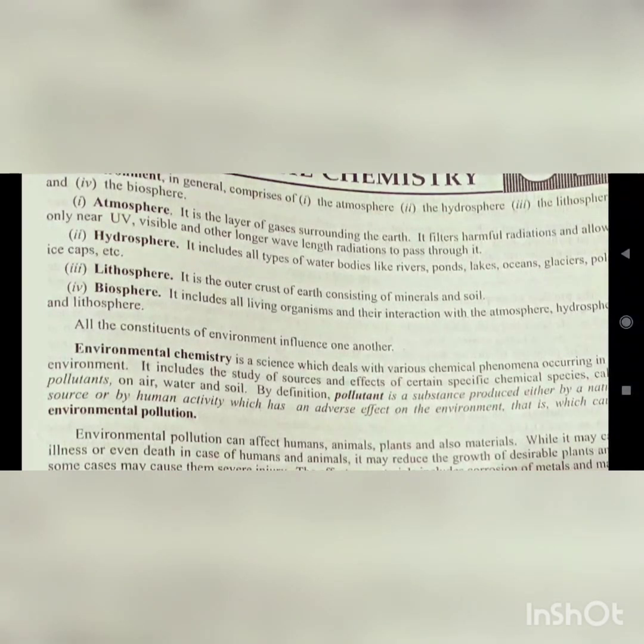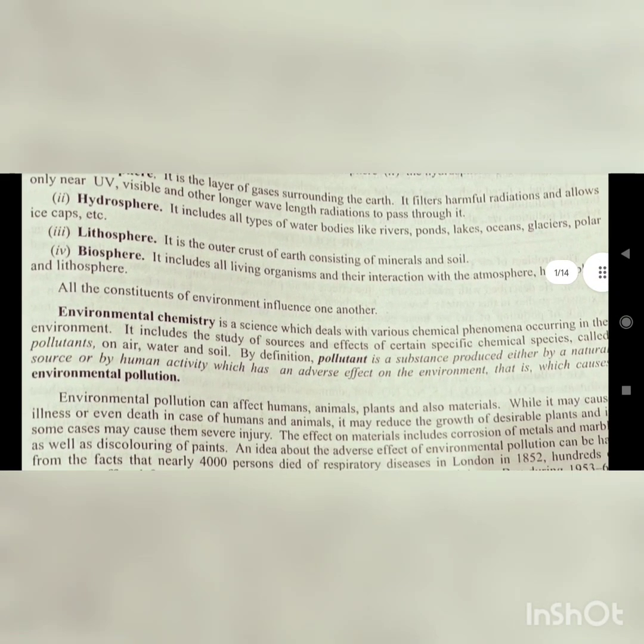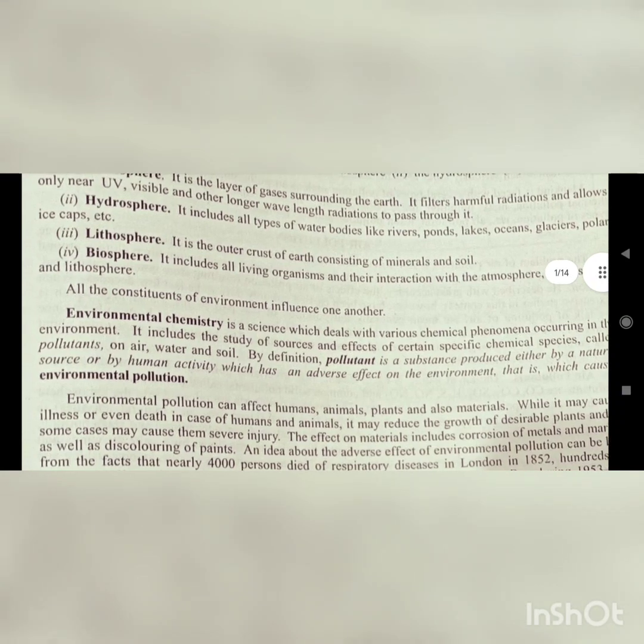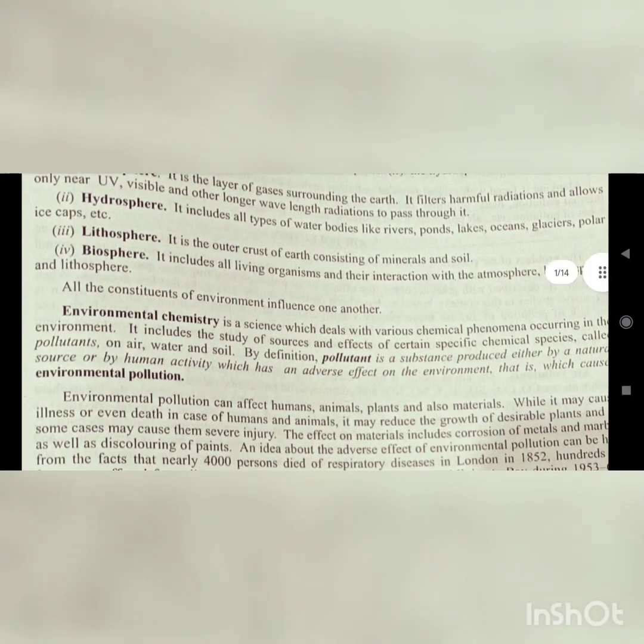Hydrosphere includes all types of water bodies like rivers, ponds, lakes, oceans, glaciers, polar ice caps, etc. Lithosphere is the outer crust of earth consisting of minerals and soil.